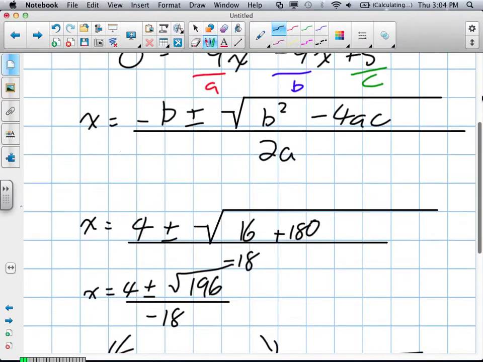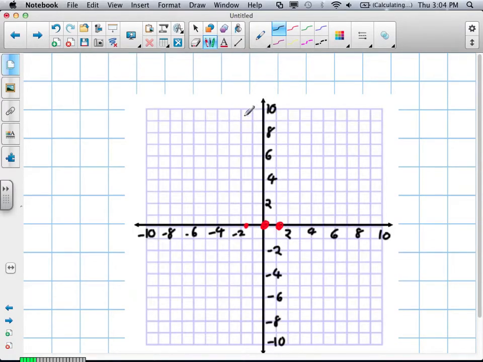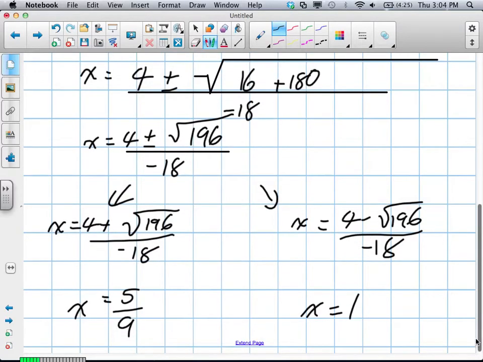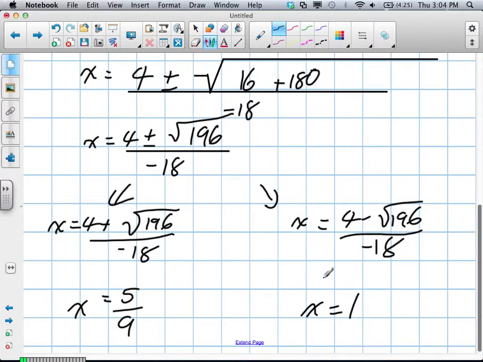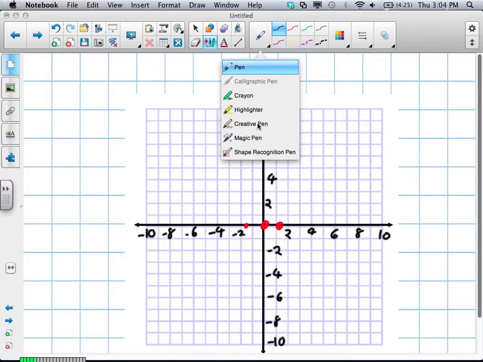Okay? Now, I'm going to draw on that graph we had. I'm going to draw lines through these points because of our critical values here. Sorry, what were they again? 5 over 9 and x at 1. Sorry, negative 1. And these might be vice versa. So at negative 1, I'm going to put a line through it just so we have an idea. Now, it doesn't mean it's a vertical asymptote.